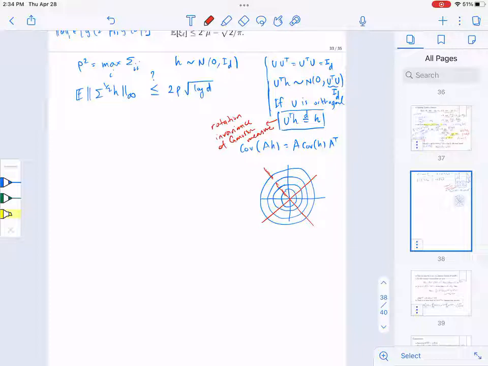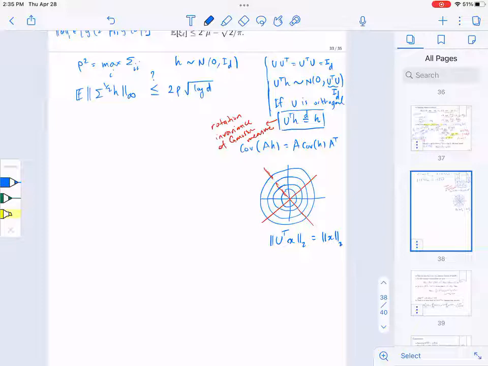There's also something else which is rotation invariant, and it's the L2 norm. These go hand in hand. The L2 norm has this property that if I rotate, it doesn't change the L2 norm. So the L2 norm and the canonical Gaussian are closely related.